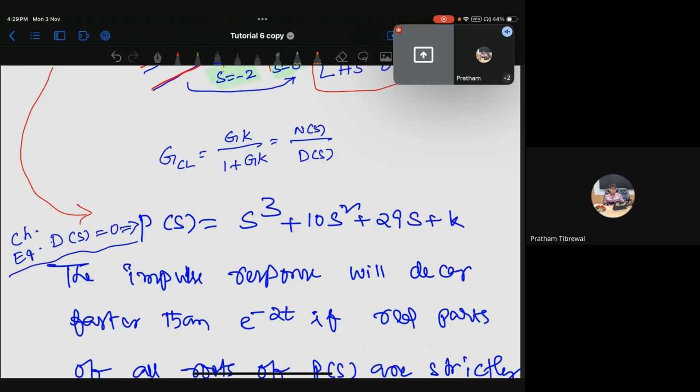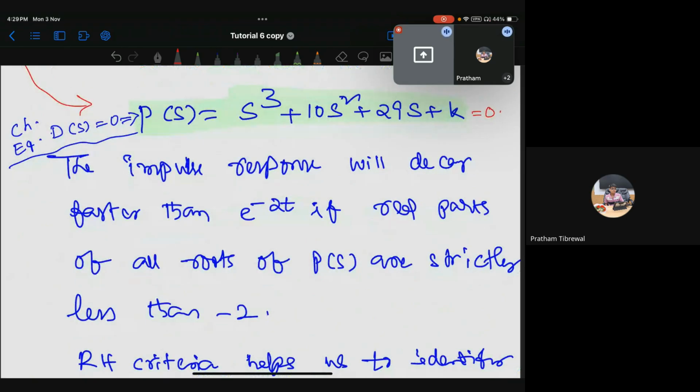What we are looking at is the impulse response. The impulse response will decay faster than e power minus 2t if all the real part roots of P of s are strictly less than minus 2. Clear?